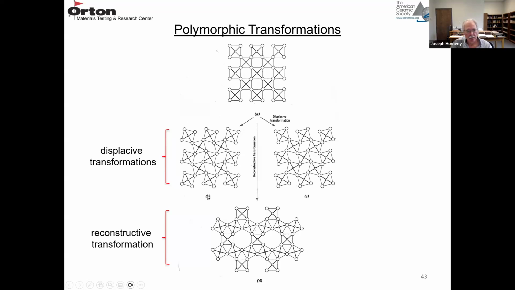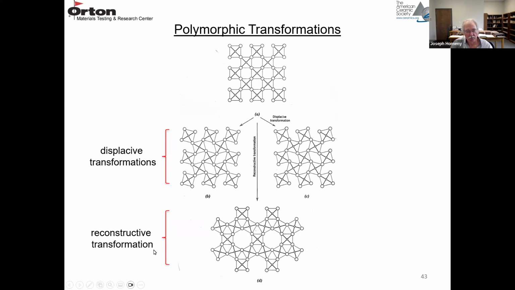That's A. B or C are displacive transformations. You can see you have the same square structural units, the 4 ions at the corner, 1 in the center. They're still joined at the corners, but the bond angles between these structural units are different. So that's 2 examples of a displacive transformation. Again, it's a very rapid transformation at a specific temperature.